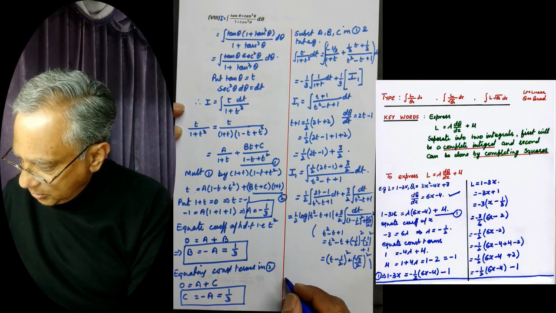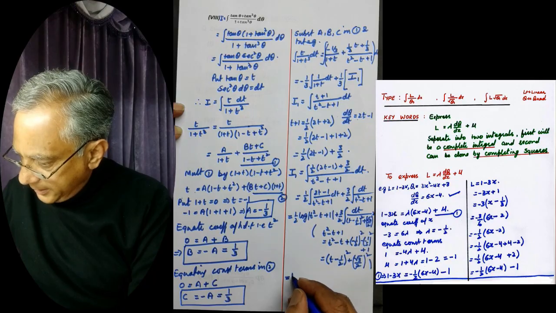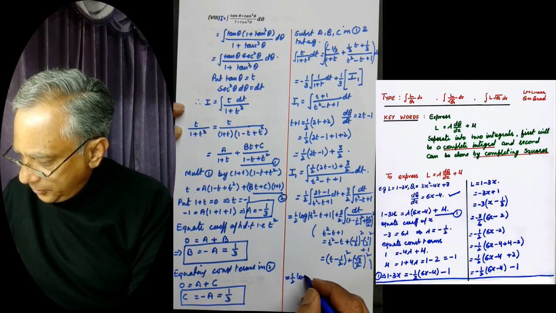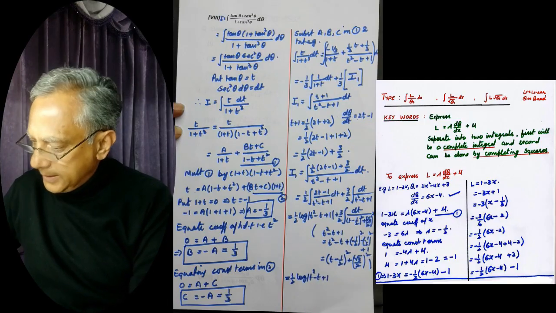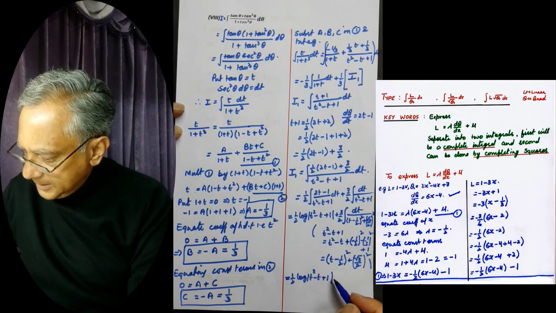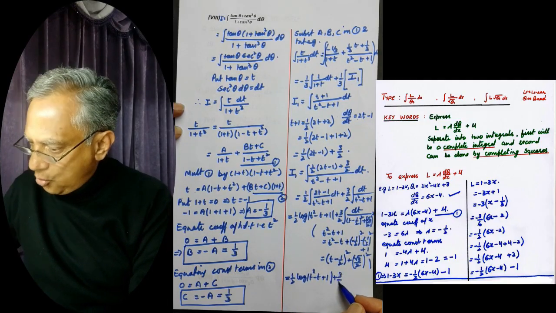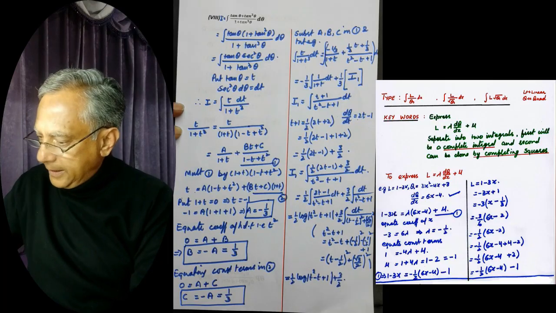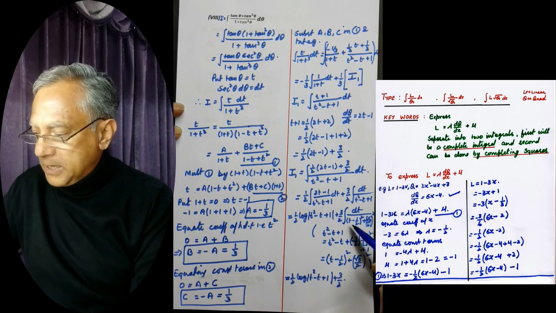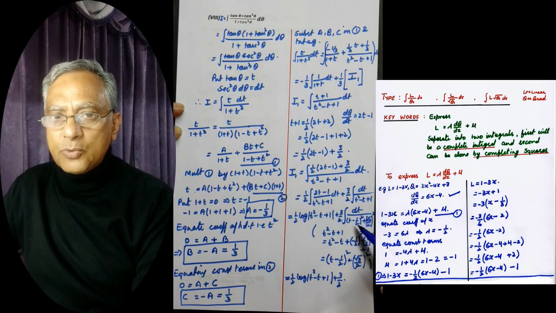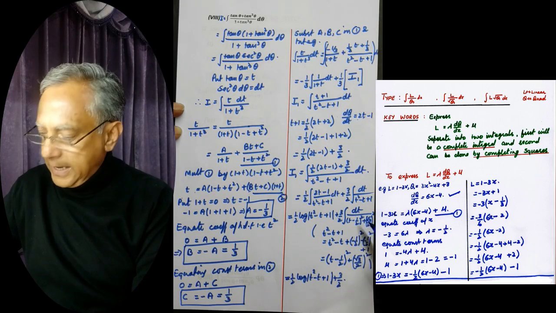So this is equal to 1 by 2 log of t square minus t plus 1 plus 3 by 2 and integration of this. This is dx over x square plus a square, so the integration is 1 by a tan inverse x by a.